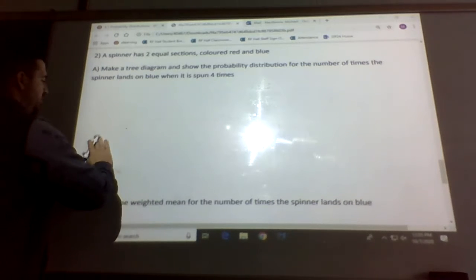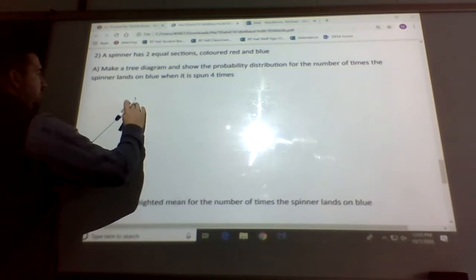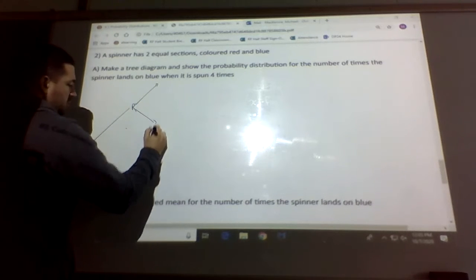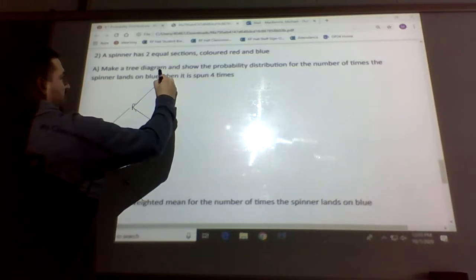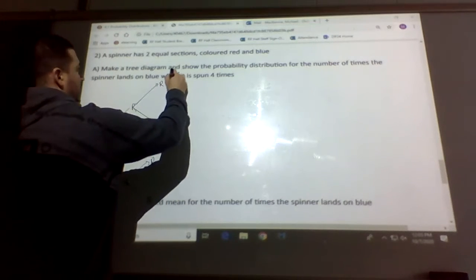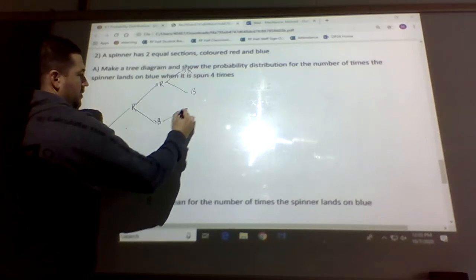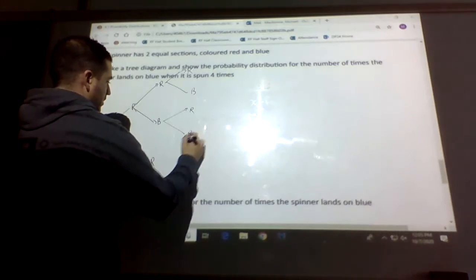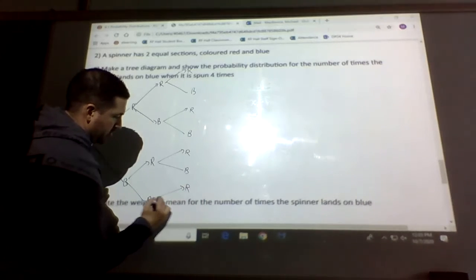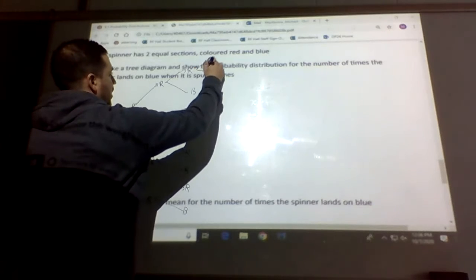Let me make this wider. So that's spin number 1. Then spin number 2, we could have a red or blue, red or blue. And we keep breaking off. Red, blue, red, blue, red, blue, and lastly red and blue. But that's the 3rd spin. Now we have a 4th spin, so we break off again.